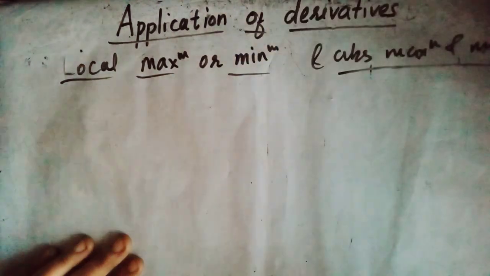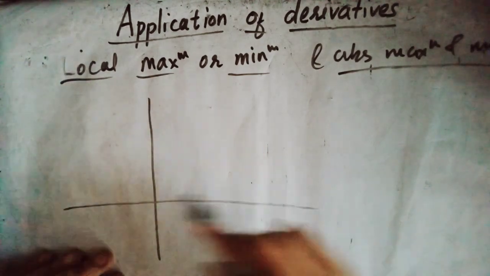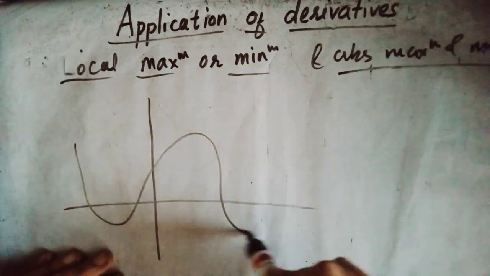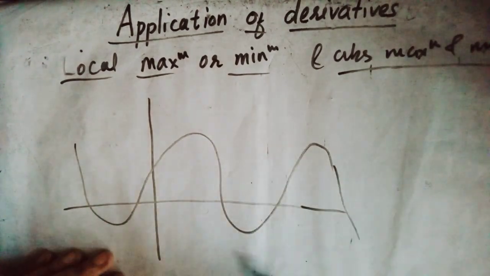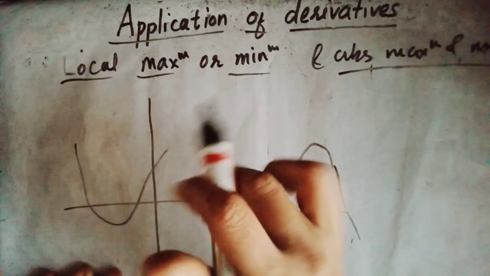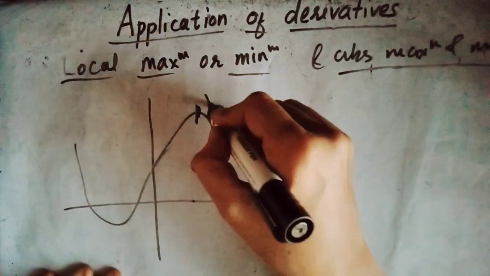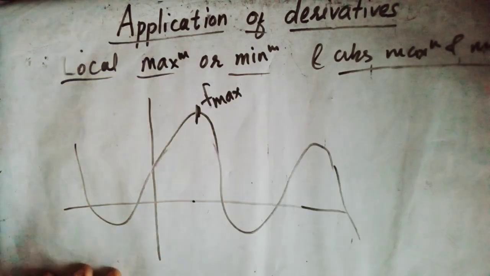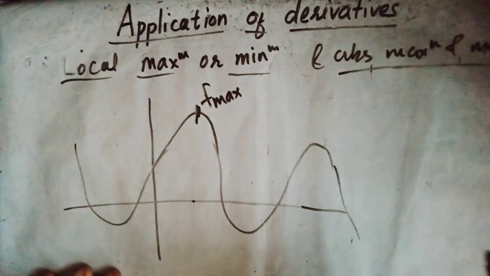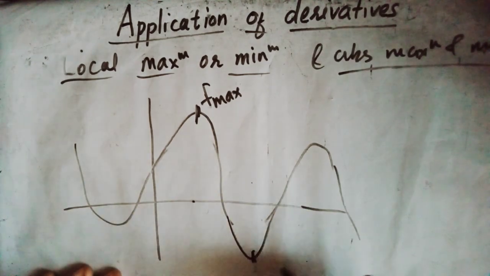So if you have a graph like this, now you know which are the points of maximum and minimum in this entire graph. Suppose this is the highest one, so this becomes your maximum. And suppose there is a lowest one, so this becomes your minimum.